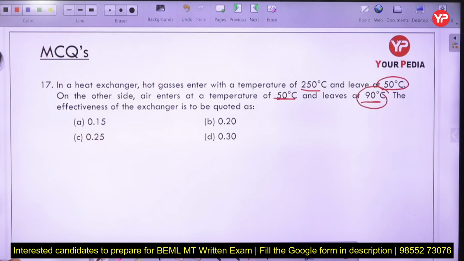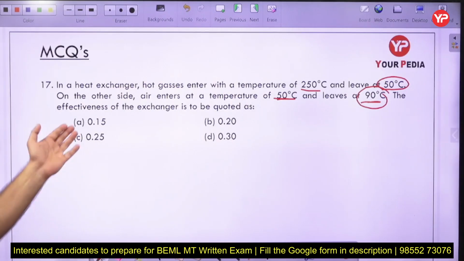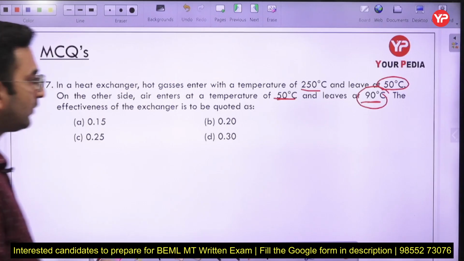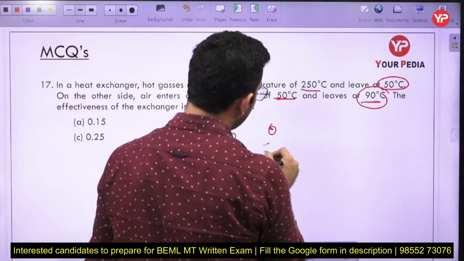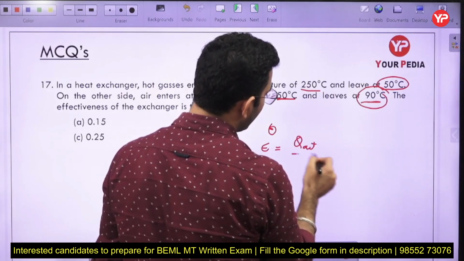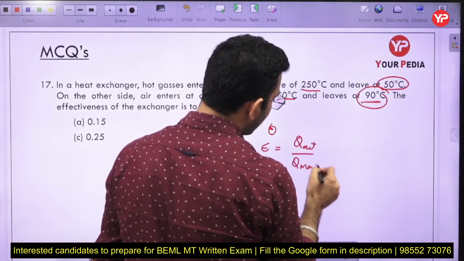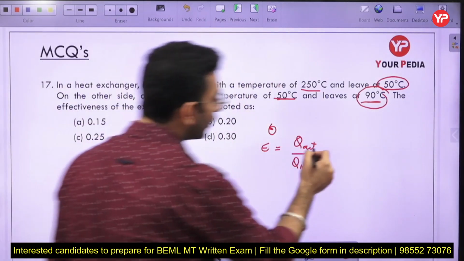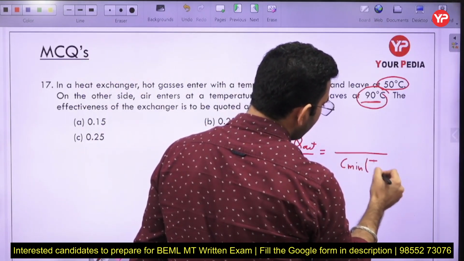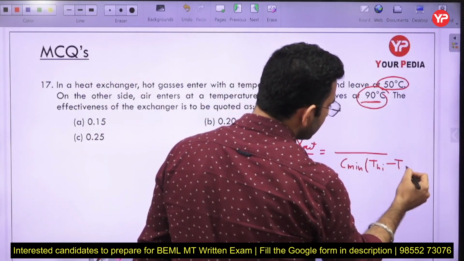Now in this case, how can you calculate the effectiveness? Effectiveness has a direct formula: Q actual by Q maximum. The Q maximum will be written as C minimum times (Thi minus Tci).